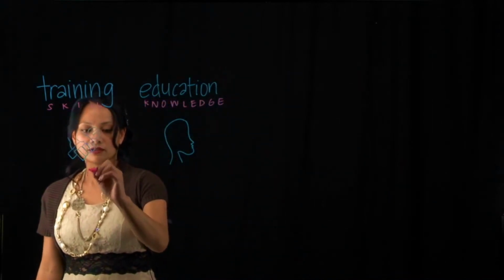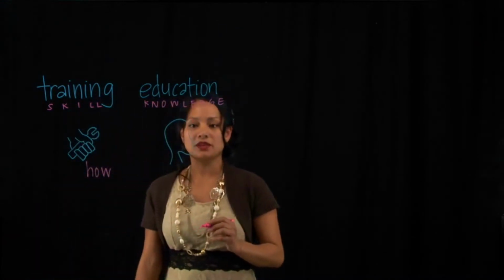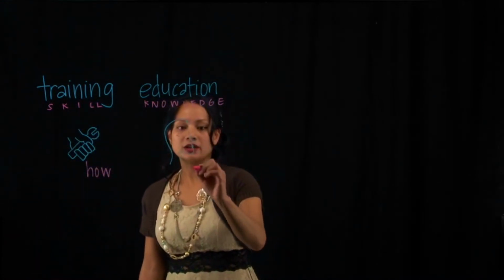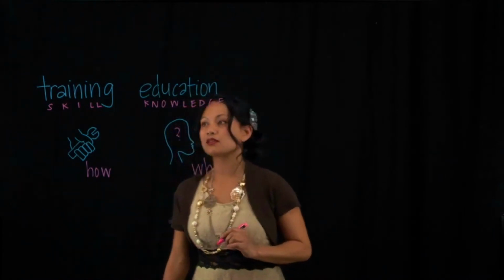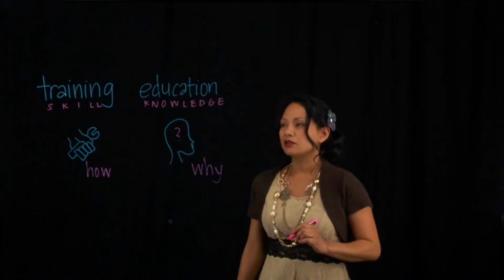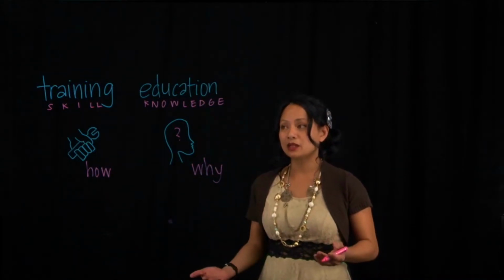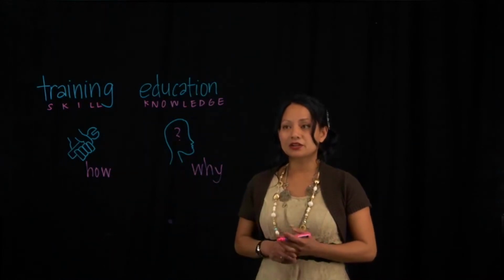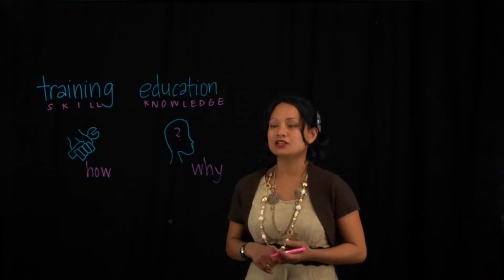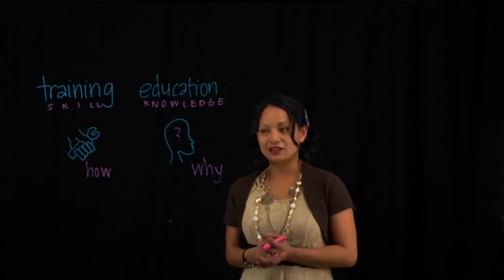Whereas training tries to describe how to do something, it's education that intends to explain why something is the way it is. So for example, for a pilot to learn how to fly an airplane, he may go to flight training school. But an aeronautical engineer may want to attend an educational institution to figure out why an airplane flies.